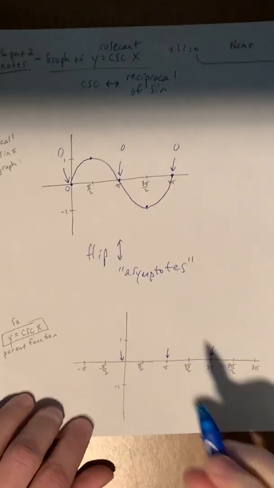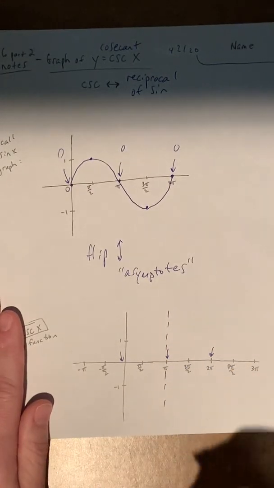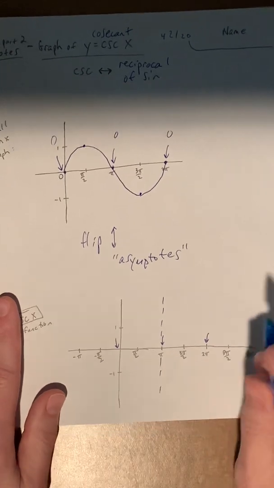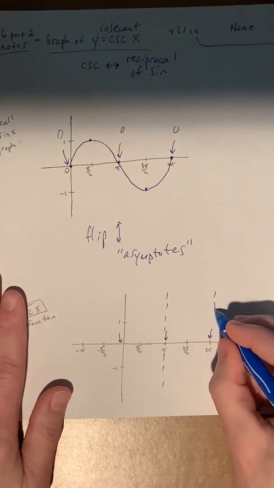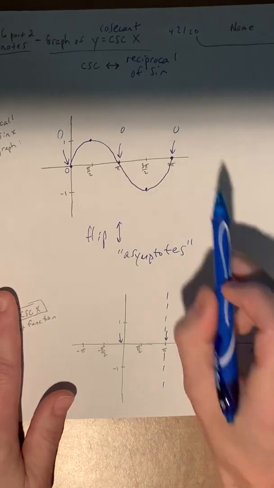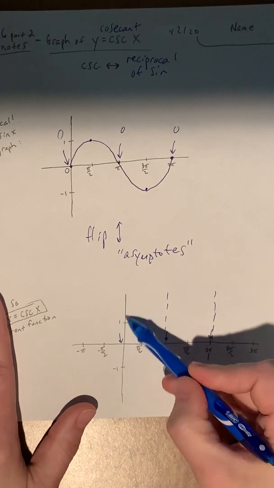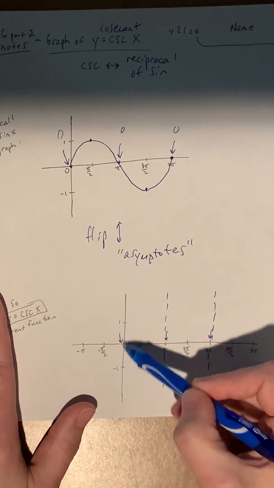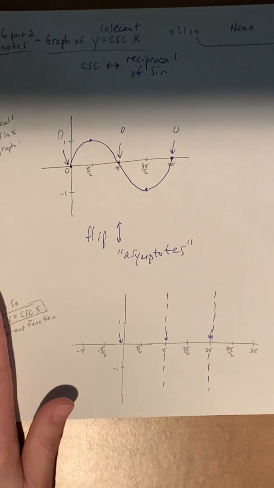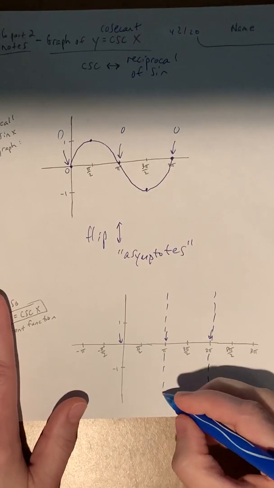Okay? So we're going to have a dotted line at pi, where we have a 0 value where it crosses. And we're going to have a dotted line asymptote at 2 pi, where we have a 0 value where it crosses. You don't need to put a dotted line here because it's your actual axis. So no part of the curve or graph is going to touch or cross these dotted line asymptotes.